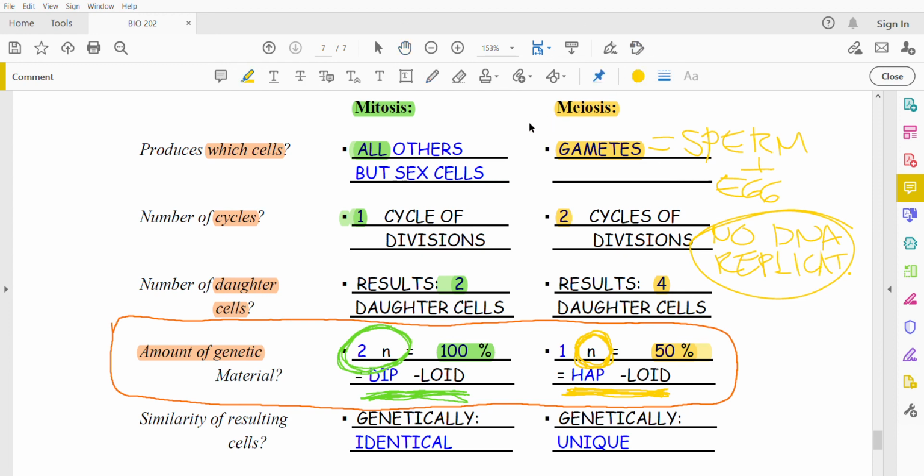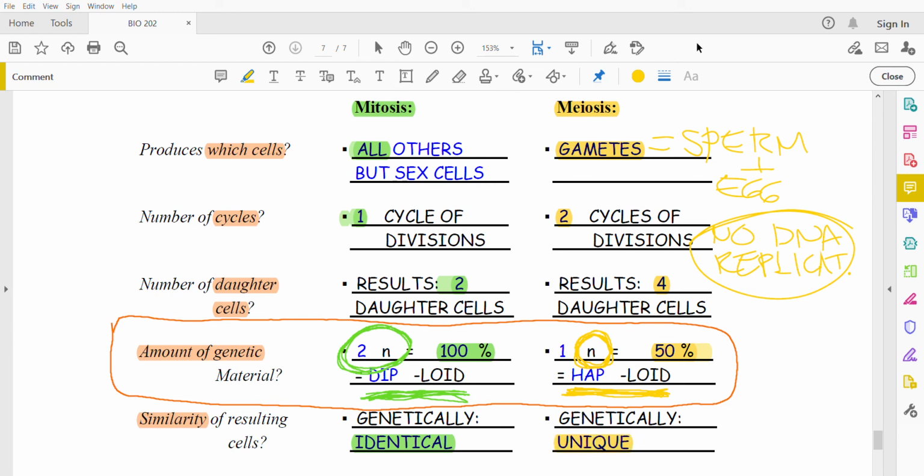And finally, we already saw this, but I want to emphasize how similar are the resulting daughter cells. Well, in mitosis, these resulting daughter cells are all going to be identical, whereas in meiosis, the resulting daughter cells, they're all going to be unique that we produce.